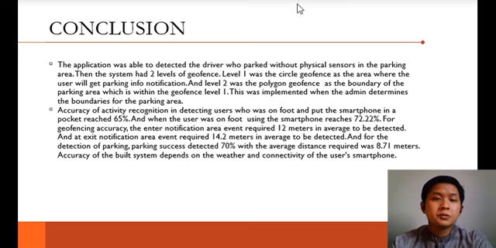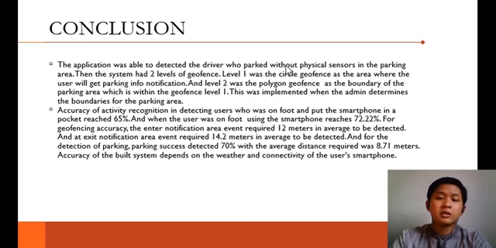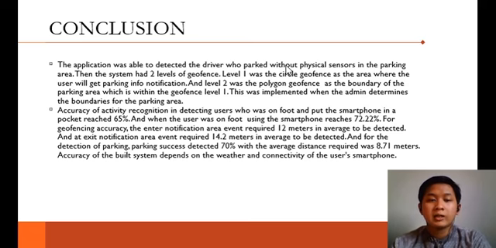After going through this research, we get the following conclusions. The first is the application was able to detect the driver who parked without a physical sensor in the parking area. Then, the system had two levels of geofence.